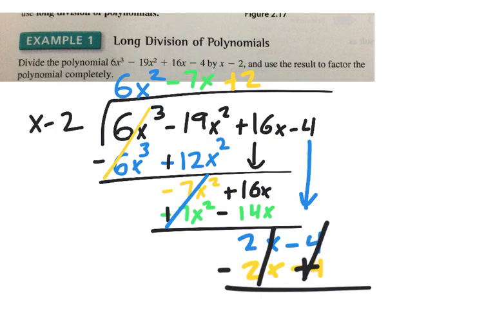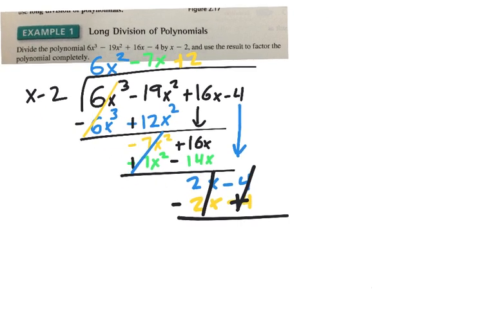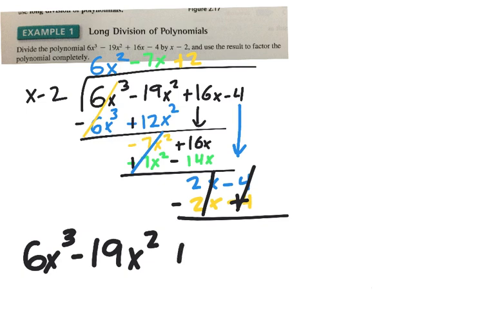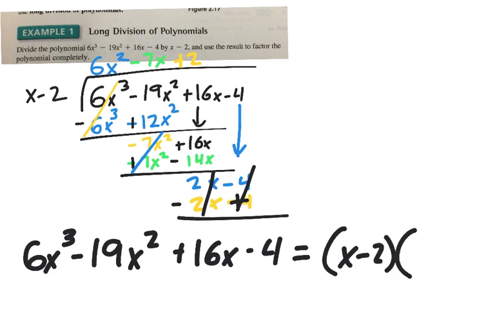So what does this mean? This means 6x cubed minus 19x squared plus 16x minus 4 is equal to x minus 2 times 6x squared minus 7x plus 2.